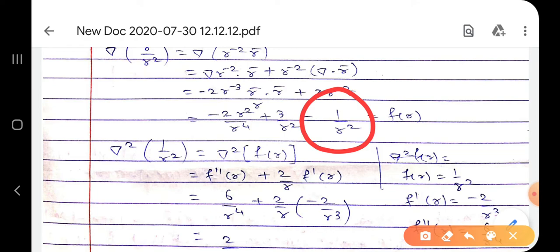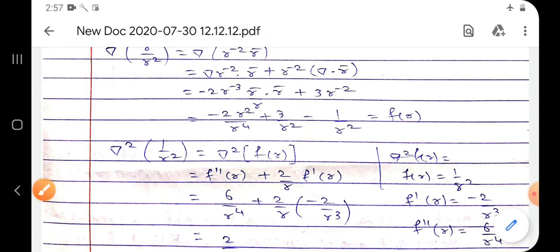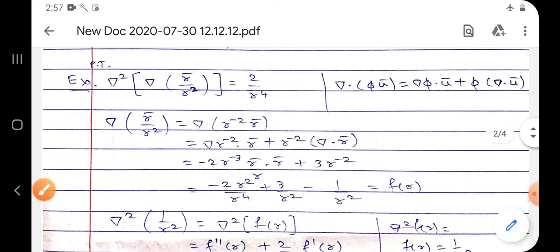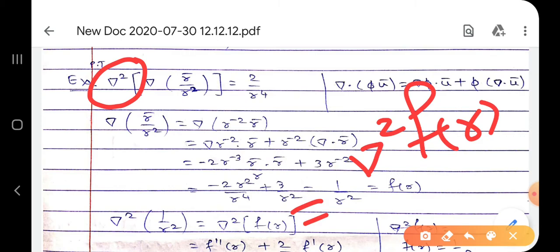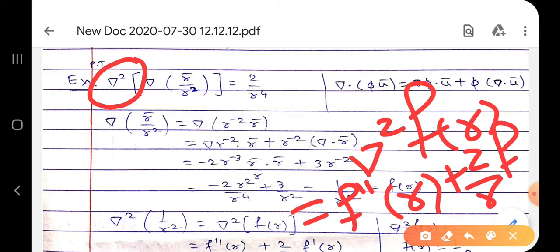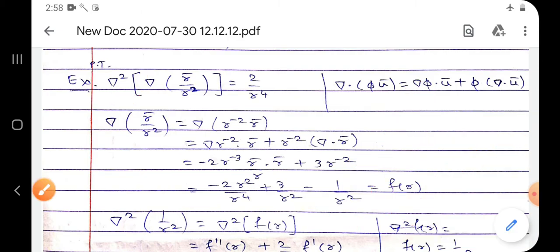I call this function f of r. Now you may think, why do I call this function f of r? Because I have to find del square, and we know one formula. Del square of f of r is equal to f double dash of r plus 2 upon r f dash of r. This formula we know.